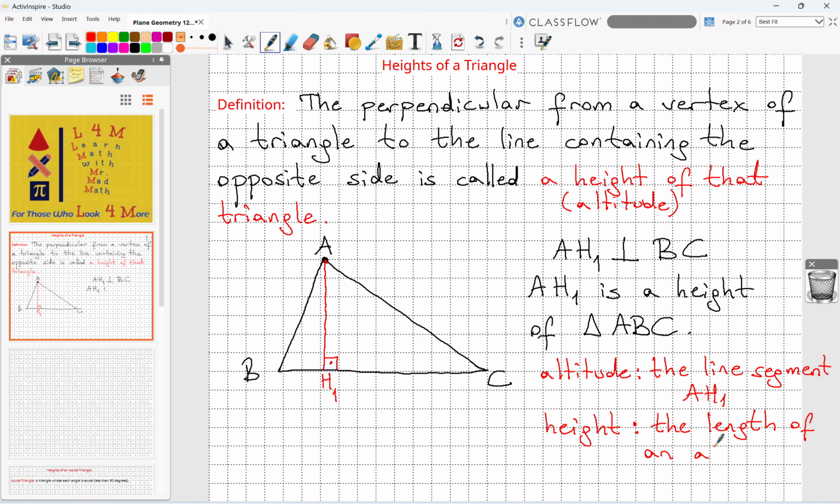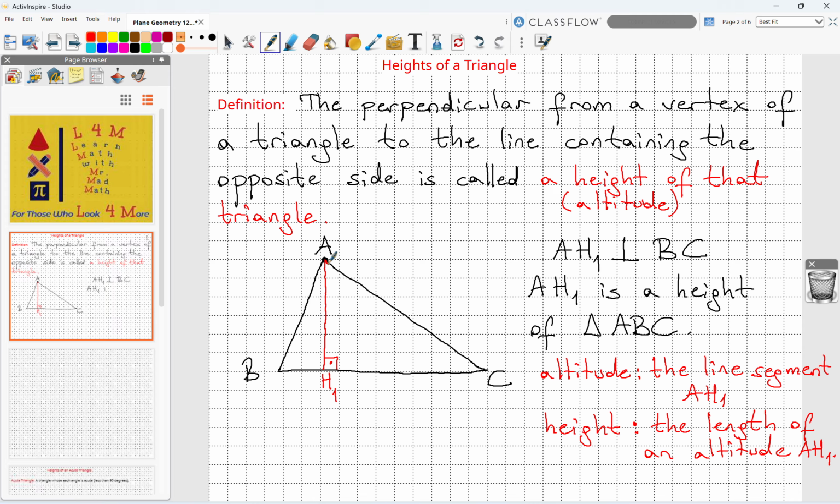The line segment AH1 is the altitude, but most of the time we use height for both. So when I say height, in context you should understand that it's either the line segment AH1 itself or the length of the line segment AH1. For both of them, I will use height in the future.